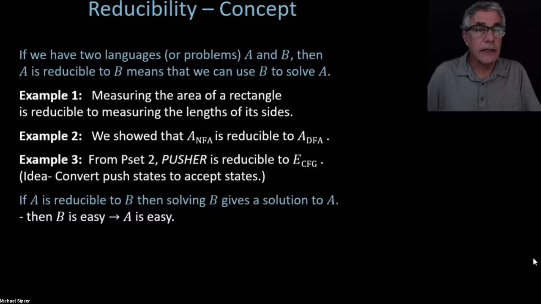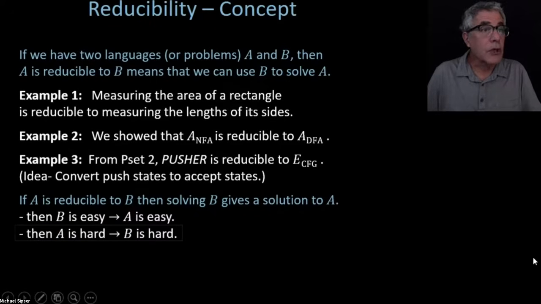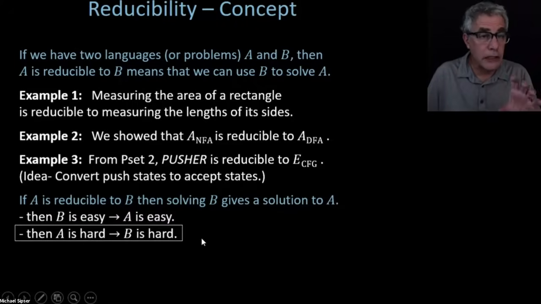Okay, so let's continue. As I said, the focus of this course is mainly on the limitations of computation. So we're going to be looking at ways of showing problems are difficult. It could be difficult in principle, like undecidable, or it could be difficult in terms of complexity, which is what we're going to focus on in the second half.